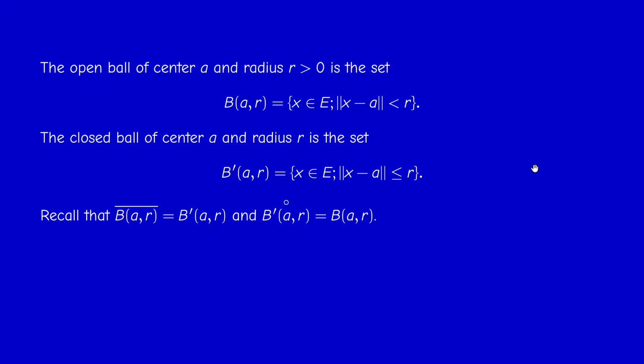And we can prove that the closure of the open ball is equal to the corresponding closed ball, and the interior of the closed ball is equal to the corresponding open ball. These relations do not hold in an arbitrary metric space. Okay? And they are not totally trivial to prove, but I think you encountered the proof somewhere.